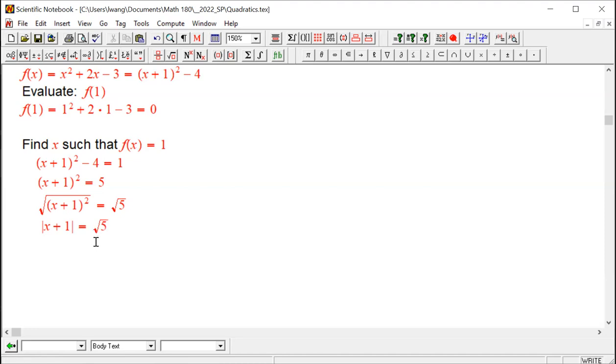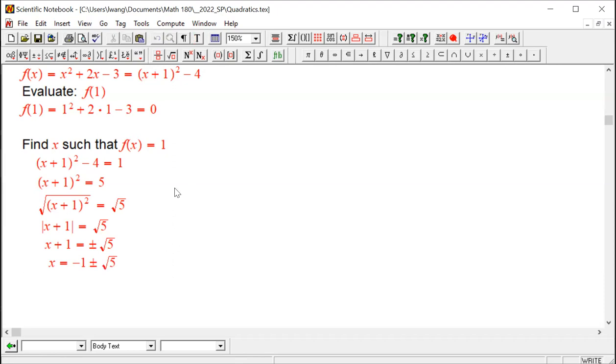Does that look familiar? That's a typical absolute value equation. So we get x plus 1 equals plus or minus root 5. We subtract 1 on both sides, so x equals -1 plus or minus root 5.